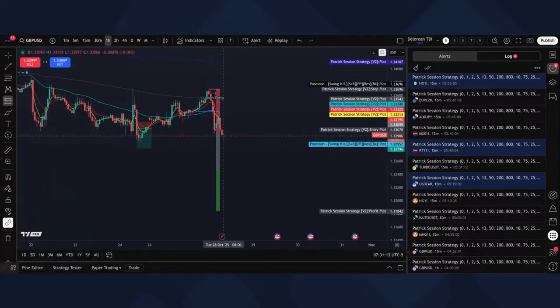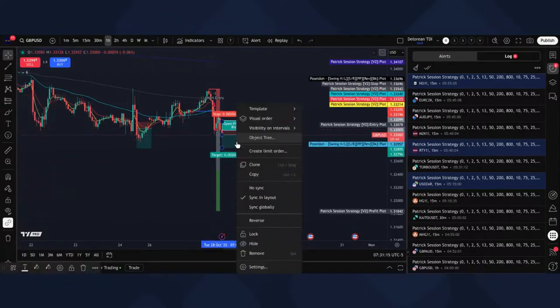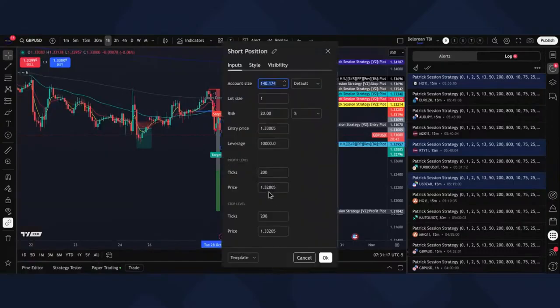All right, we got a 1 hour sell on Great British Pound versus US dollar.